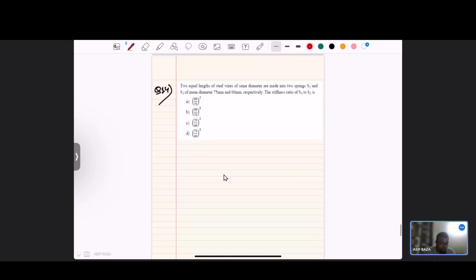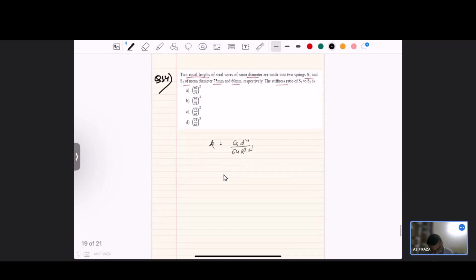Next question. Two equal lengths of steel wires of same diameter are made into two springs S1, S2 of mean diameter 75 mm and 60 mm respectively. The stiffness ratio of S1 and S2 is? Stiffness is given by G d^4 upon 64 R^3 n.